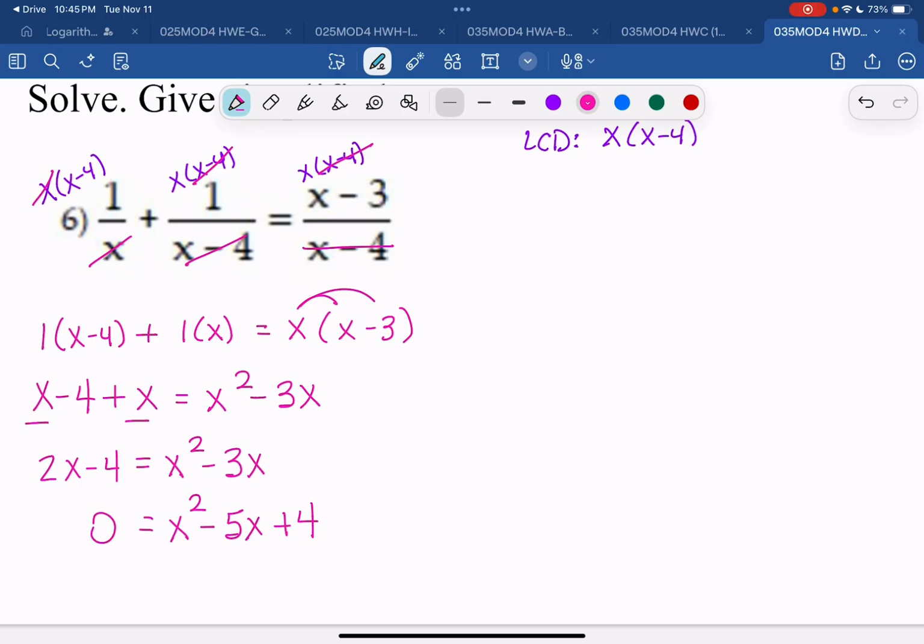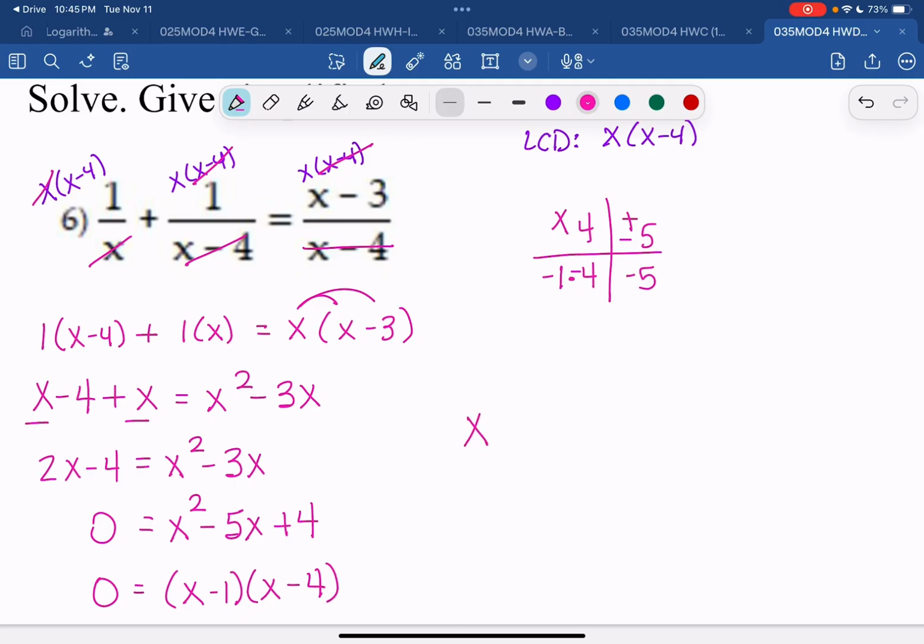So if I'm looking for numbers that multiply to 4 but add to 5, they need to add to a negative 5. Well, I could try 1 and 4, but make them negative. That would give me negative 5. So x minus 1, x minus 4.